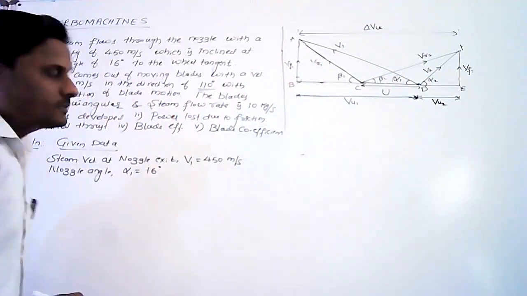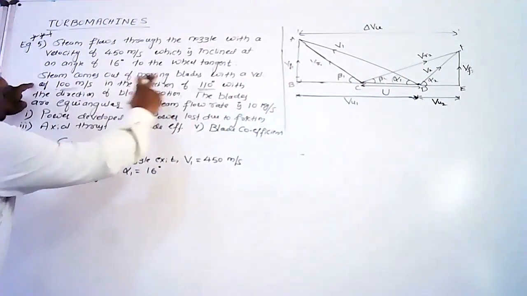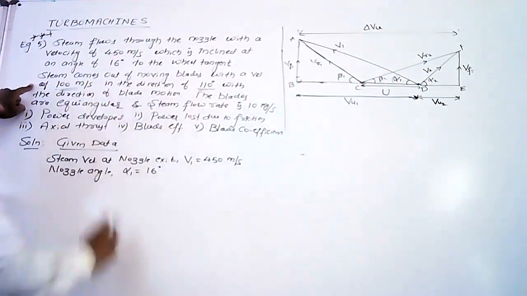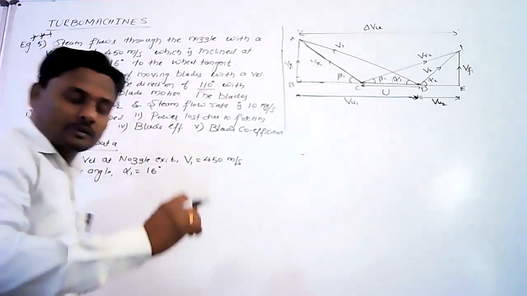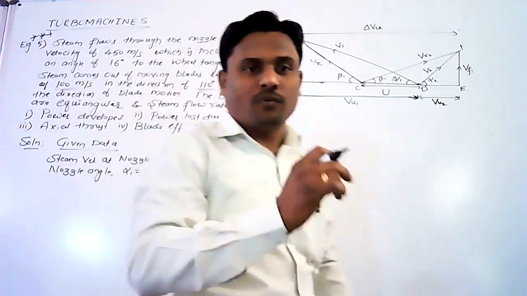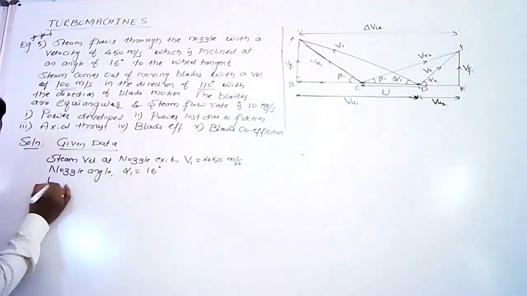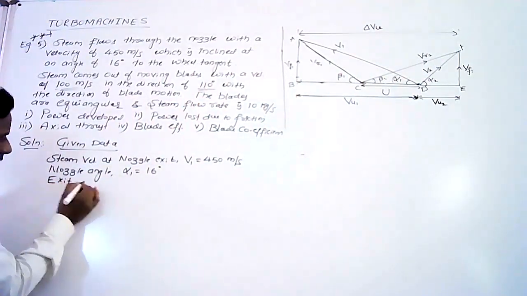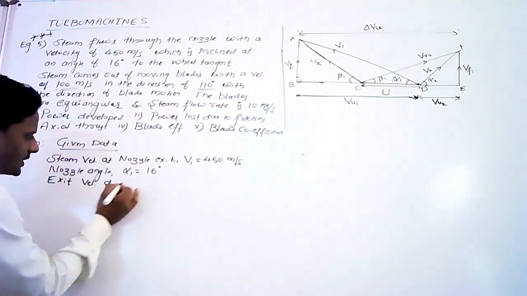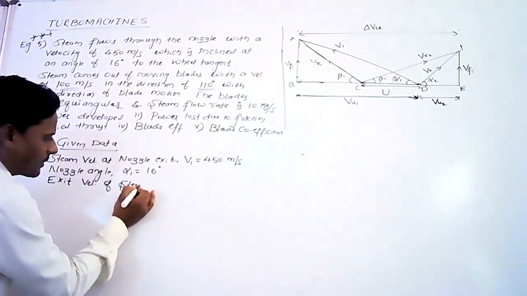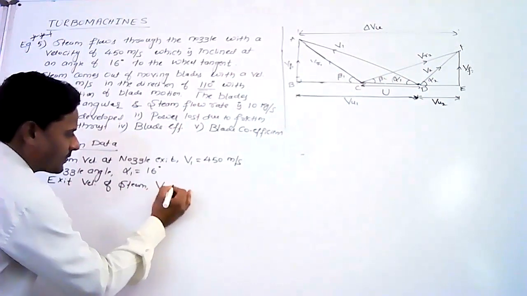Next, steam comes out of the moving blade with a velocity of 100 meter per second. The exit velocity of steam from the blades is given by V2.